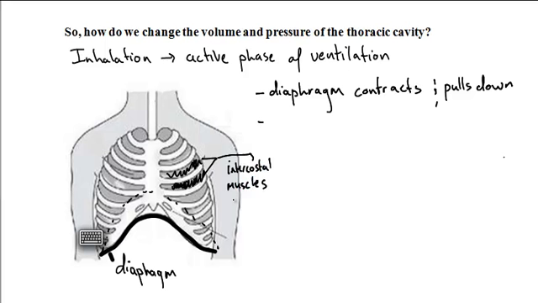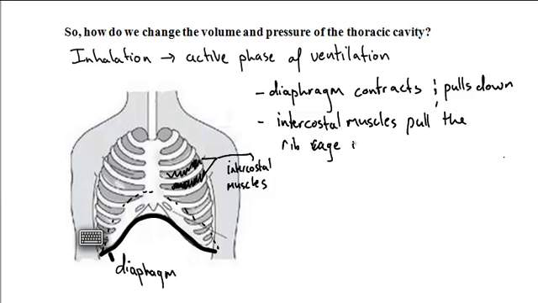So while the diaphragm's contracting and pulling down, the intercostals, which is a nickname for intercostal muscles, pull the rib cage up and out.